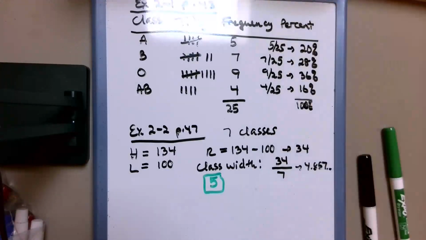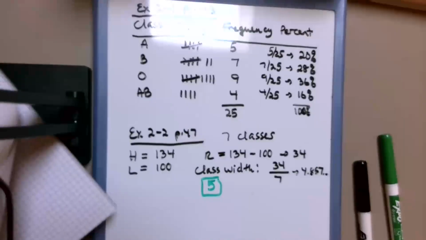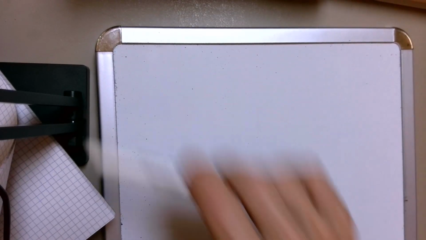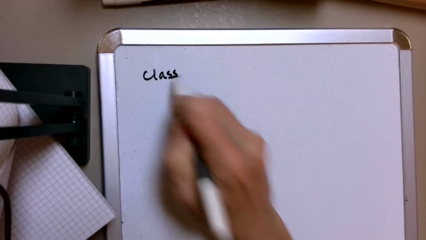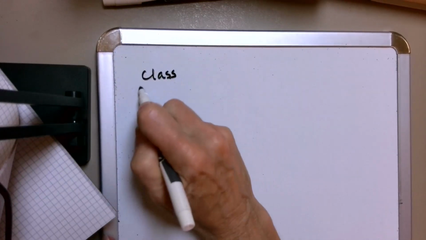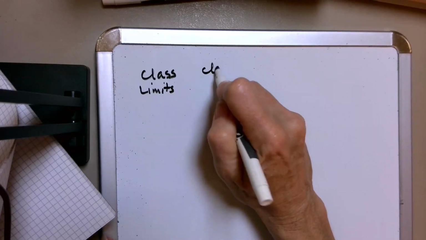And so now we're going to make our frequency distribution. We're going to use these columns. Let me grab another board here. We're going to make a column called class limits, then class boundaries.